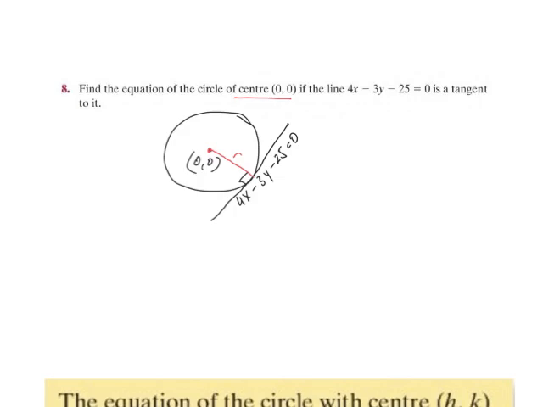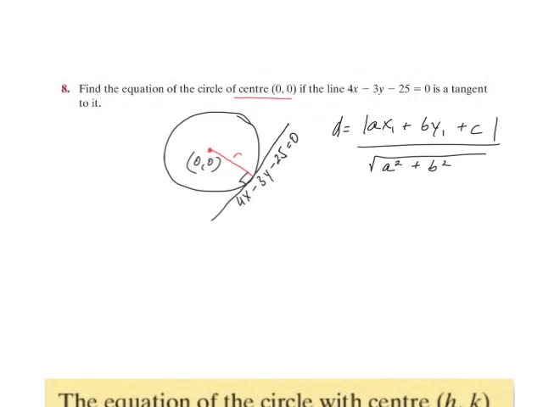So the formula is D is the absolute value, which means it has to be positive, of ax1 plus by1 plus c over the root of a squared plus b squared. So let's label all our points. We start with the line.